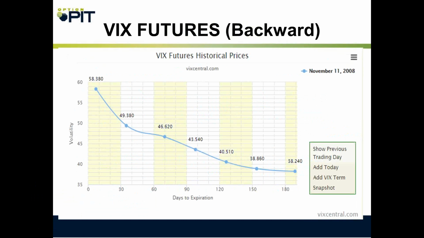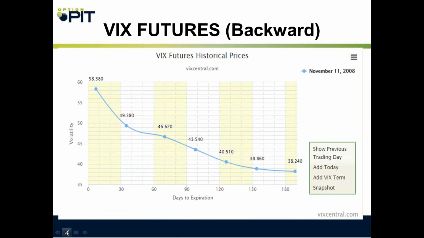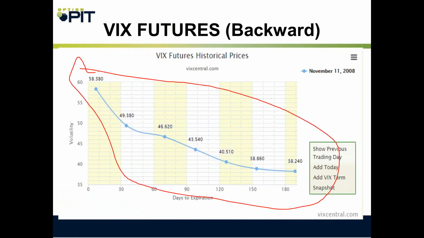So here's the big takeaway that I want you to go by, though. If you have a mechanical system or a system that has a trade name, a named trade, when you see this structure here called backwardation, all of your rules are going to go out the window.